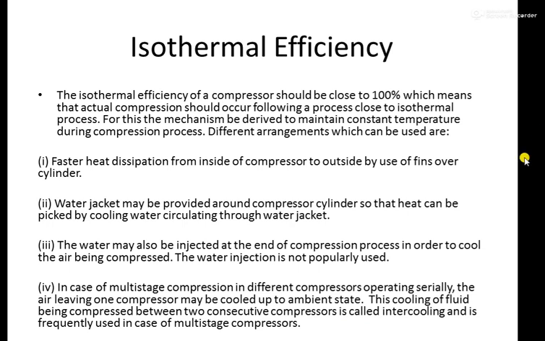So in order to have the minimum work requirement, intercooling is done in multi-stage compression in order to have maximum isothermal efficiency, right? The next lecture will discuss some more articles based on this topic.